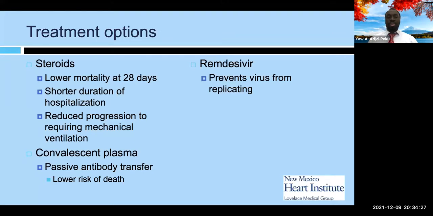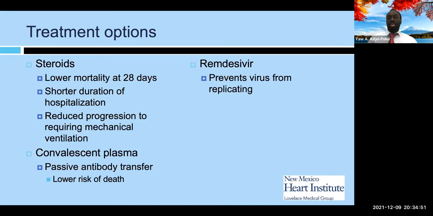So typically what we do is we get plasma from these patients, and the plasma has the antibodies, and you could administer the plasma to other patients that have COVID, and giving them those antibodies helps treat their COVID illness. Typically, patients that get convalescent plasma have a lower risk of death.